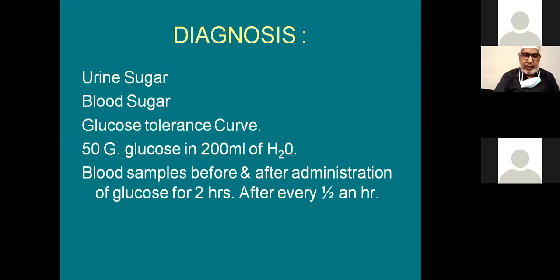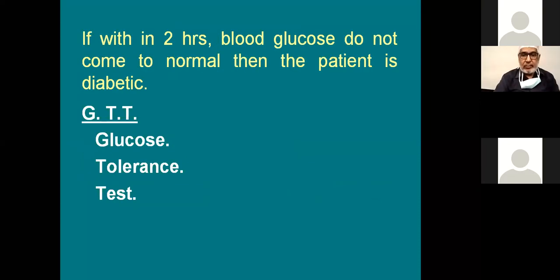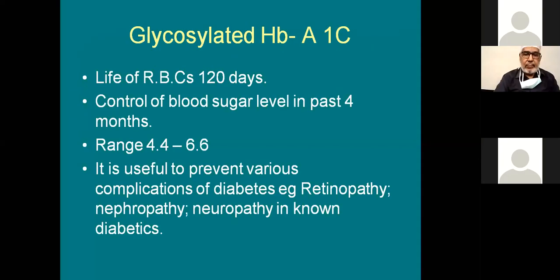This indicates diabetes if the blood sugar does not come to normal after 2 hours. If within 2 hours blood glucose does not come to normal, then the patient is diabetic. So this is the glucose tolerance test.